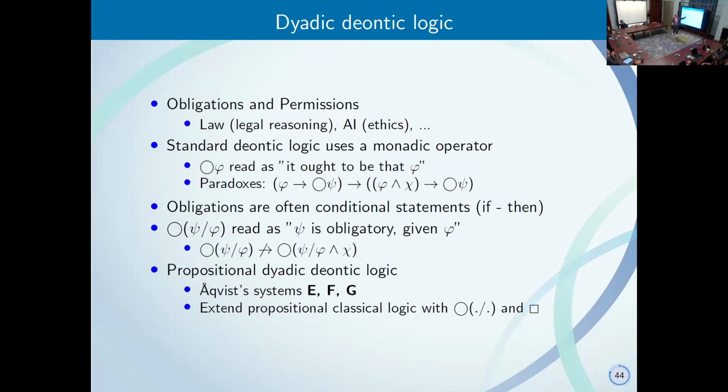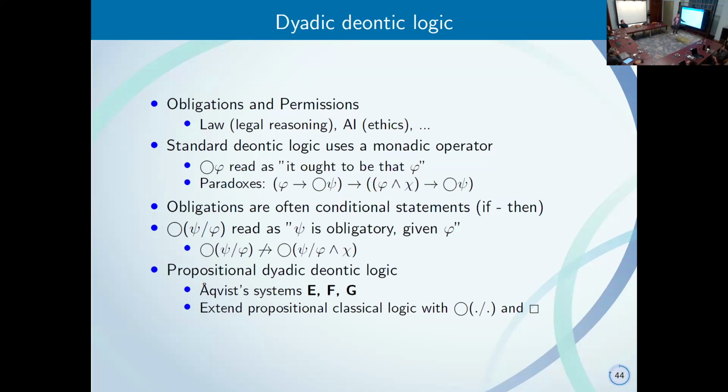For example, if psi is obligatory given phi, you don't in general want to have that psi is obligatory given phi and chi. When you put here the modal operator, for that in the Åqvist systems, they use directly the dyadic operator. Be careful now. I didn't want to change this for this talk because otherwise, when you read up on the Åqvist system, you're confused. They're read from right to left. So, given phi, psi is obligatory.